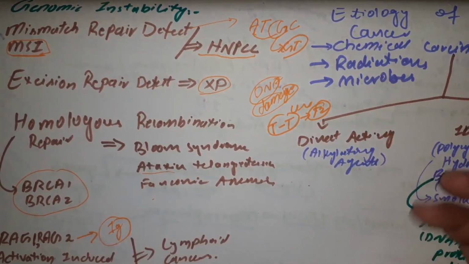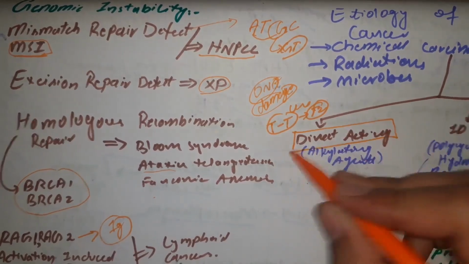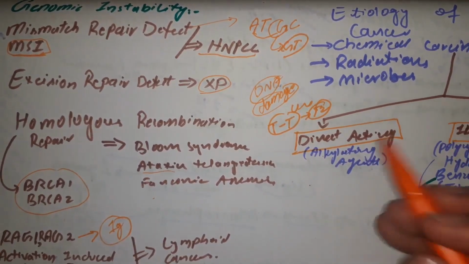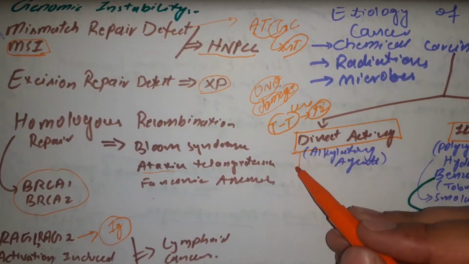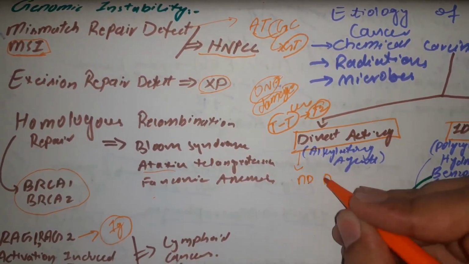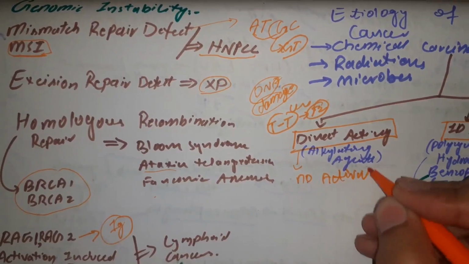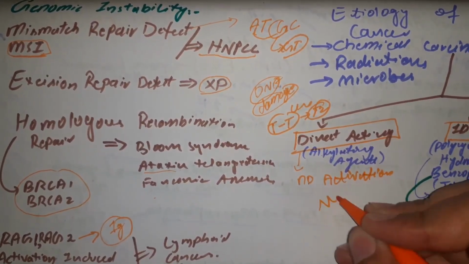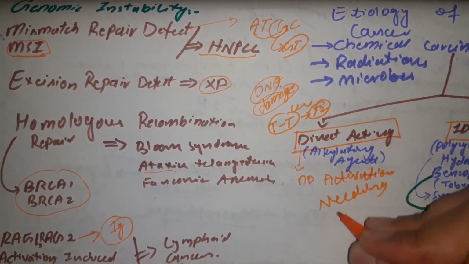Chemical carcinogens can be direct acting as well as indirect acting. What are direct acting? Direct acting are those which need no activation to cause cancer. These include alkylating agents.